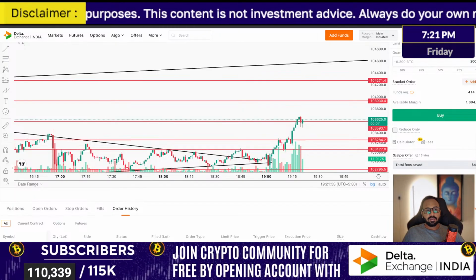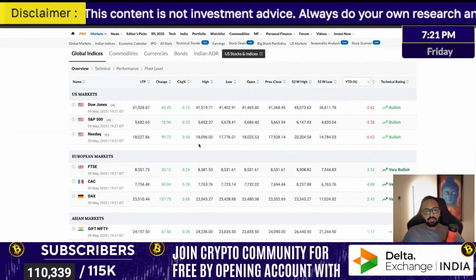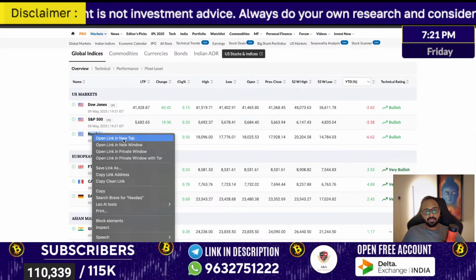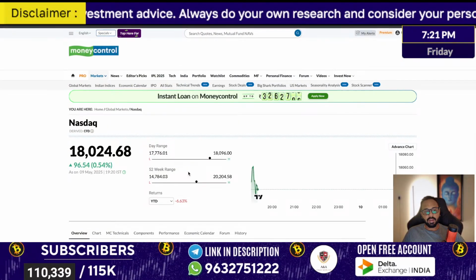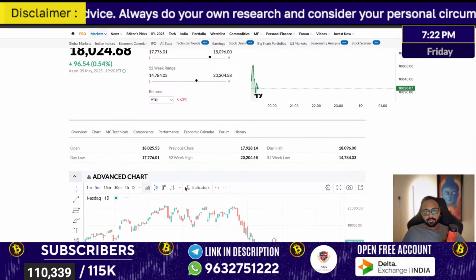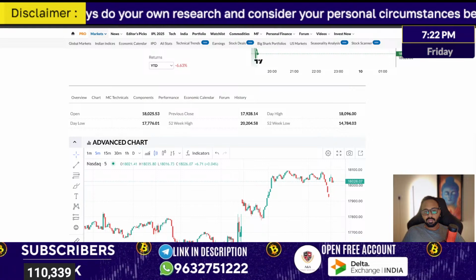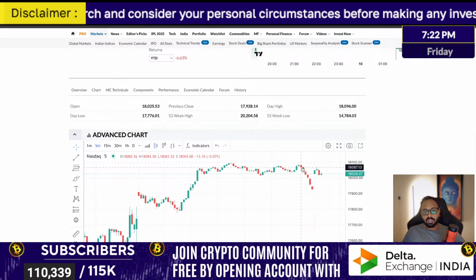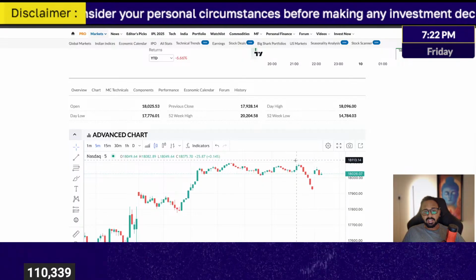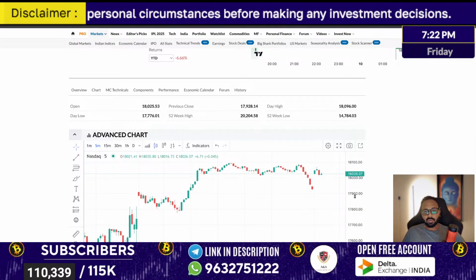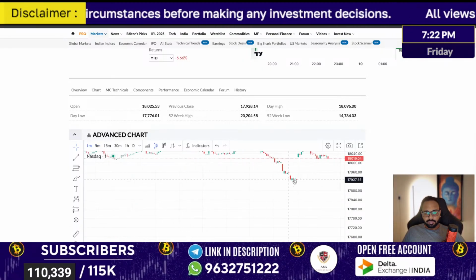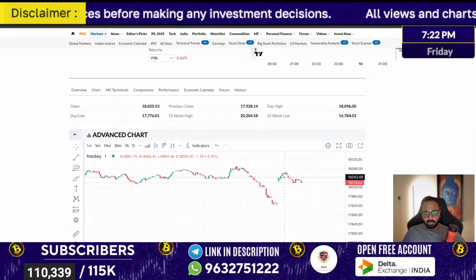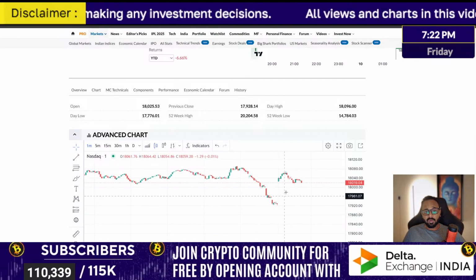Let us look at this Nasdaq chart and S&P 500 chart once. Gap up, market is not able to break that upper level. It is between the upper level and the previous lower level. So here nothing interesting as of now. Will market fill this gap or not?